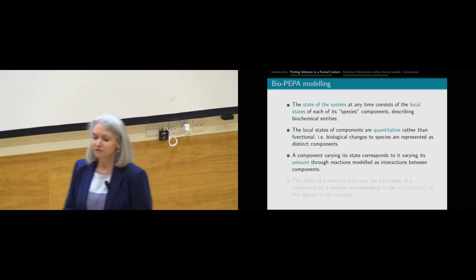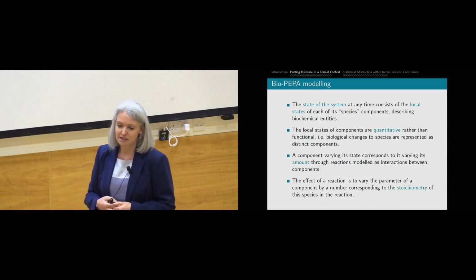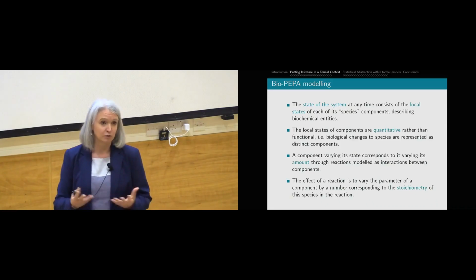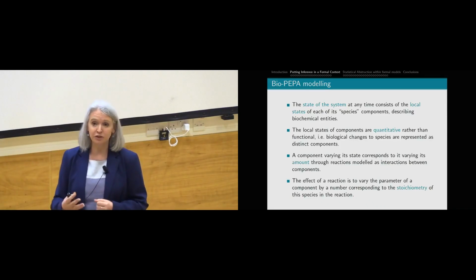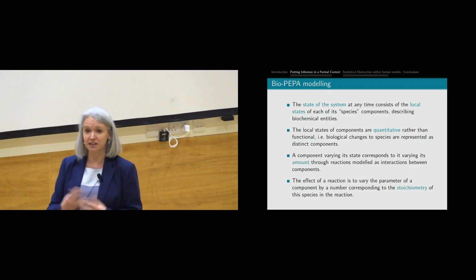A component varies its state just by varying its amount, but we have to say how those are tied together. Those are the reactions in our system, and the reactions will vary the amount of a particular species by a number that's called stoichiometry. We're used to the idea of stoichiometry. We all know that water is H2O, so the stoichiometry of hydrogen in that reaction is 2.